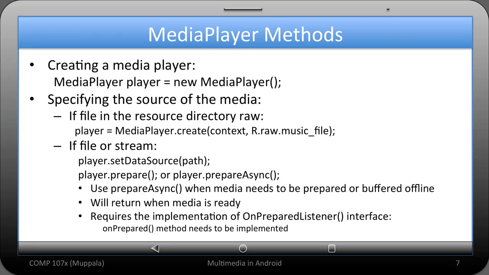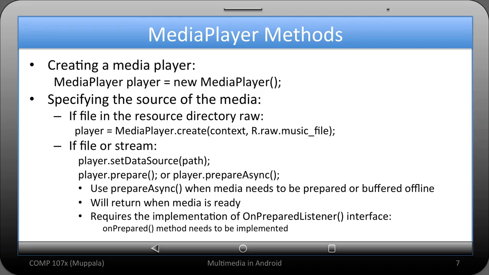If you are using a file from the resource folder of your application, then you would use the MediaPlayer create method. And this create method takes a context and the ID of the media file to be played.